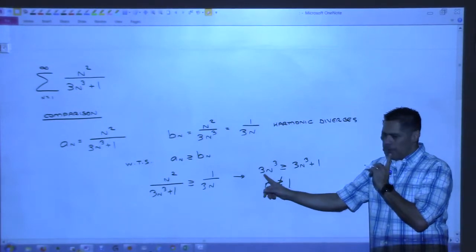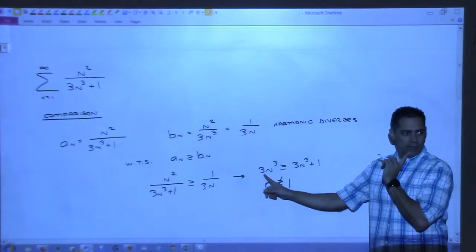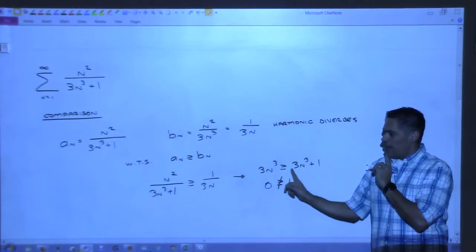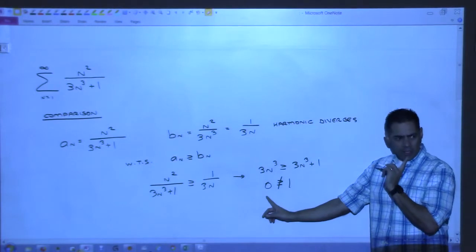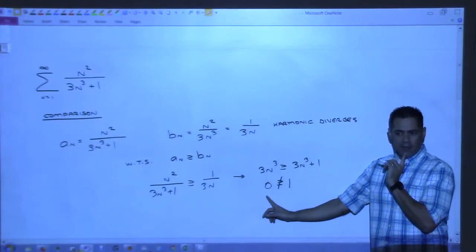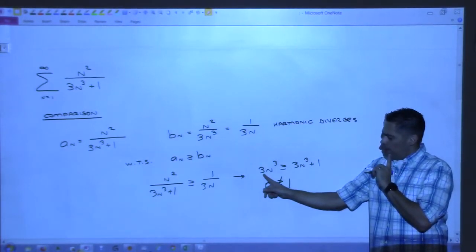What if that had been a 4n cubed? What would have happened? When I subtracted 3n cubed on both sides, I would have got what over here? n cubed, right? Do you agree with that? Right. So could I have made that a 4?